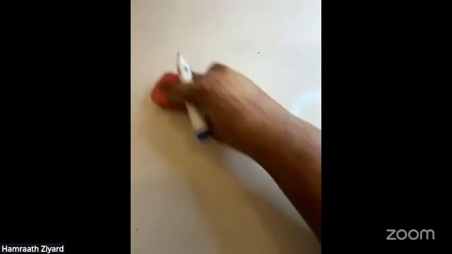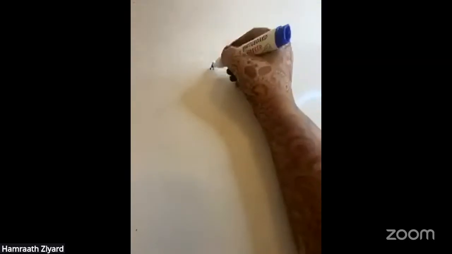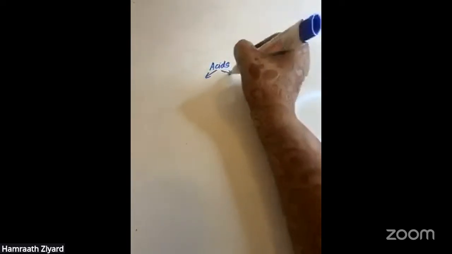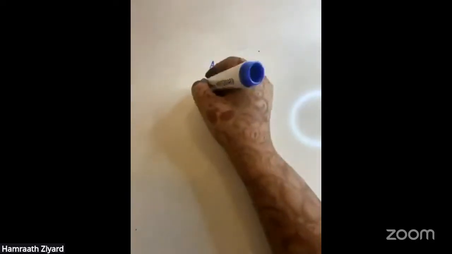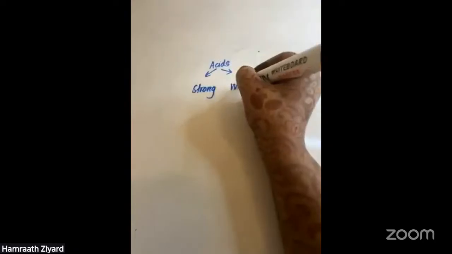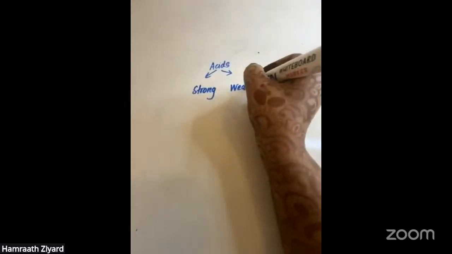Right. Okay, now come here. We'll talk about the strong and the weak acid. Listen to me carefully. I can divide acids into two types: strong acid and weak acid.